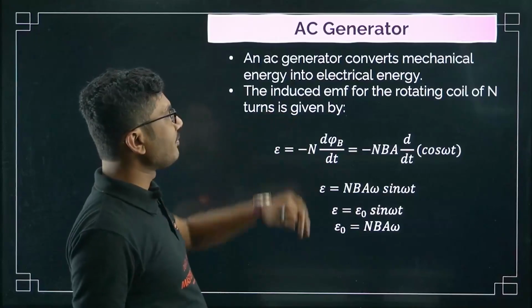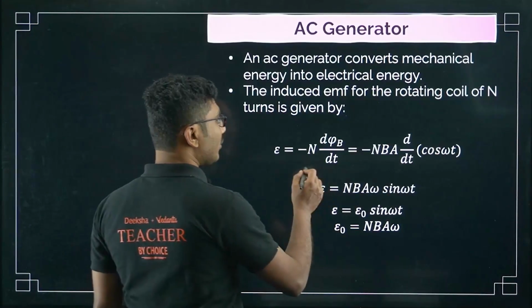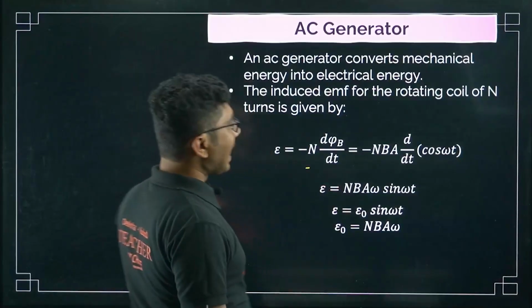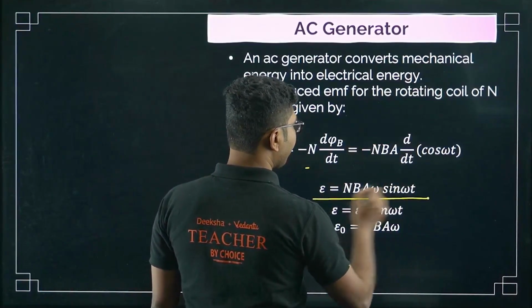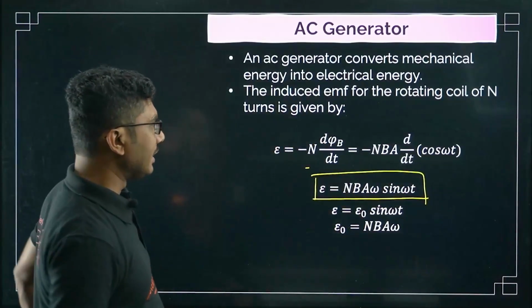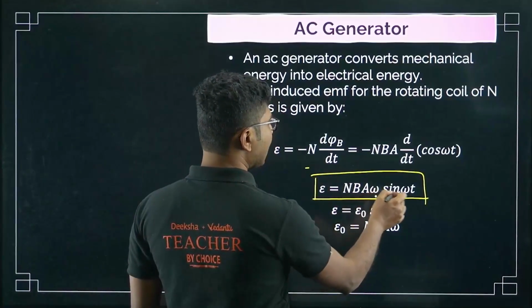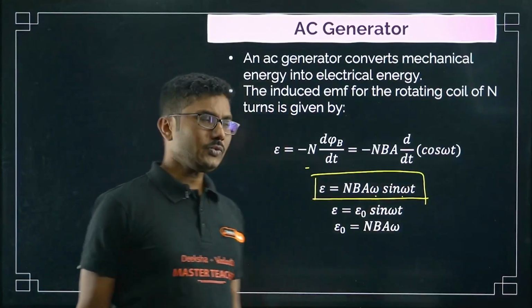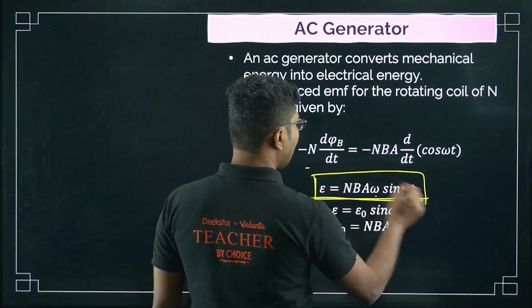The induced EMF of a rotating coil of N turns is given by epsilon is equal to N d phi B by dt, and if you do this, you will get the mathematics. This is the formula for induced EMF. We have ignored the negative sign, it is cancelled here, right? So epsilon = NBA omega sine omega t. This is the formula for induced EMF in an AC generator.